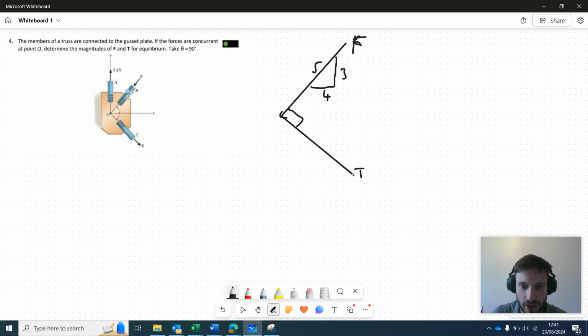They're acting at 90 degrees to each other.